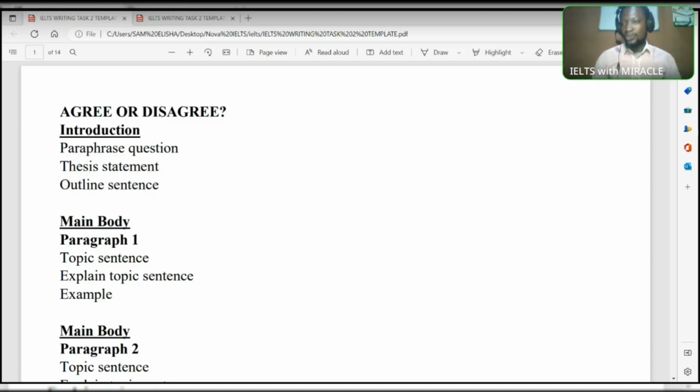For task 2, whether general or academic, the questions will require you to either argue or discuss. So it's usually an essay, and you will either argue or discuss a particular topic.